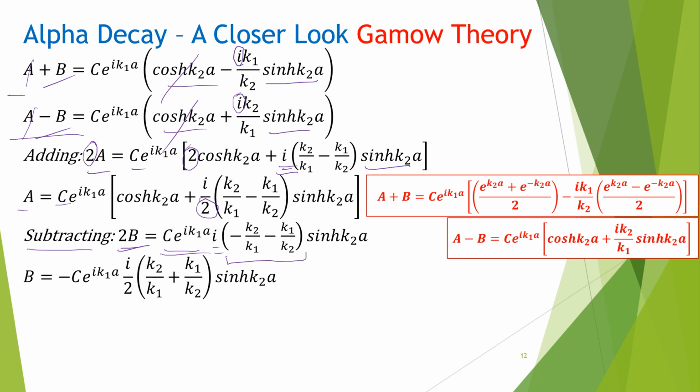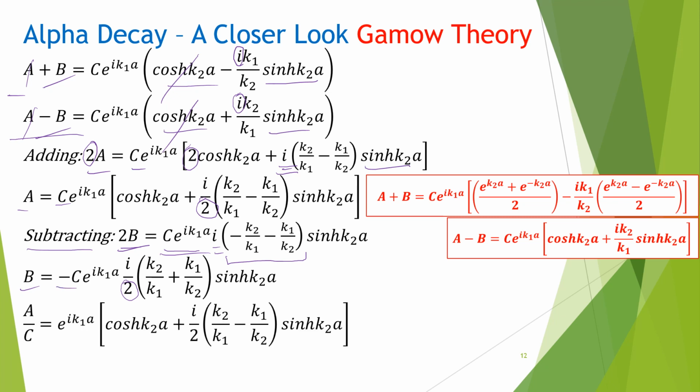So B, we can reorganize this expression for B, dividing the whole expression by 2, so 2 is reflected here, and the minus sign we have taken out as common. Now I am interested in A upon C because the transmission coefficient I am going to write in this term.